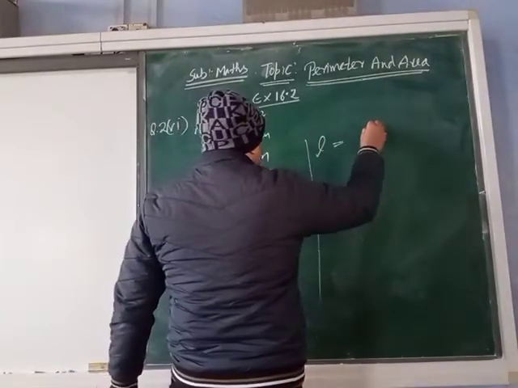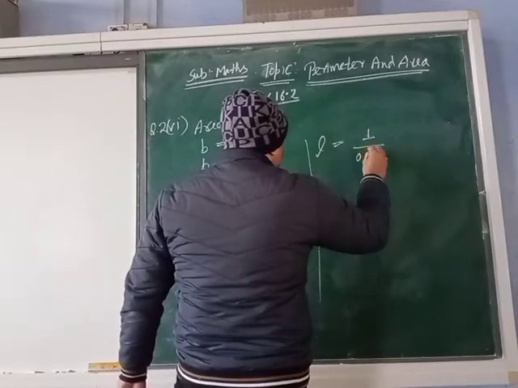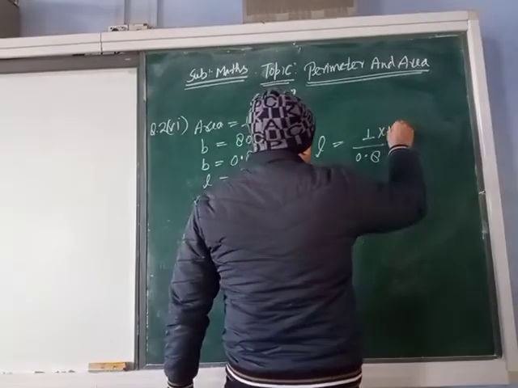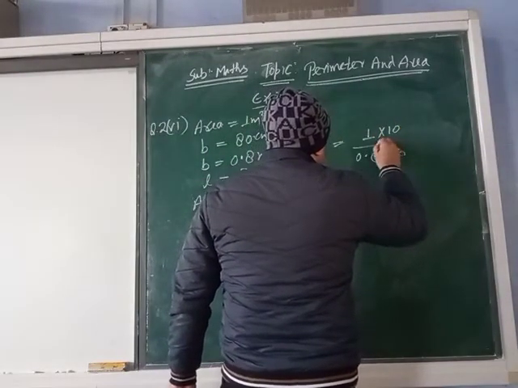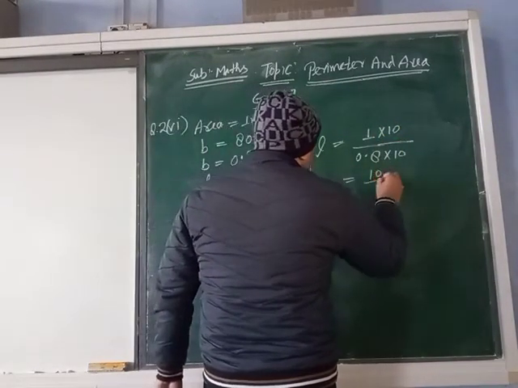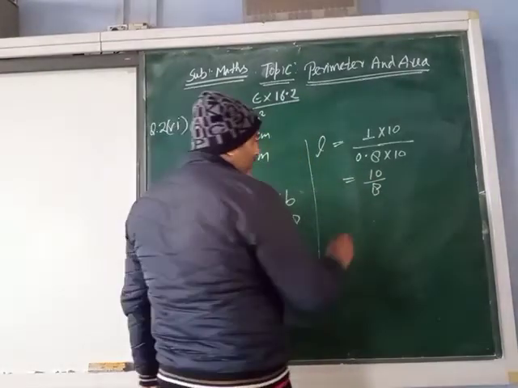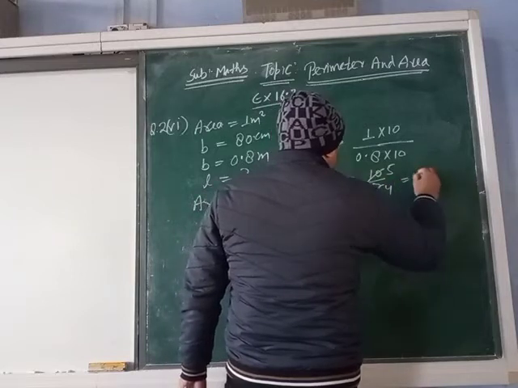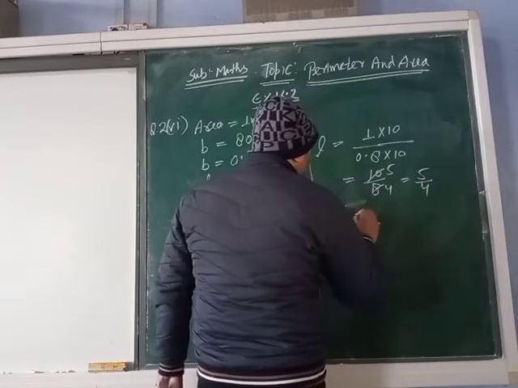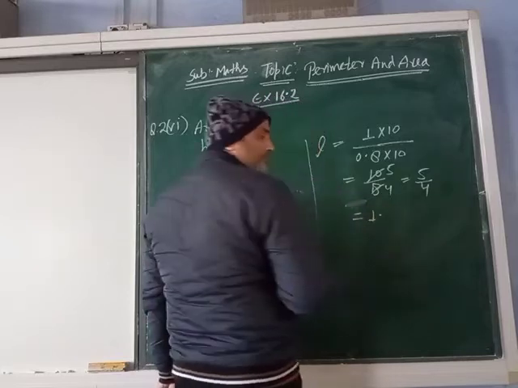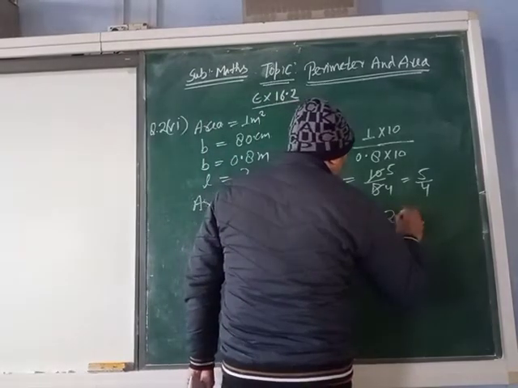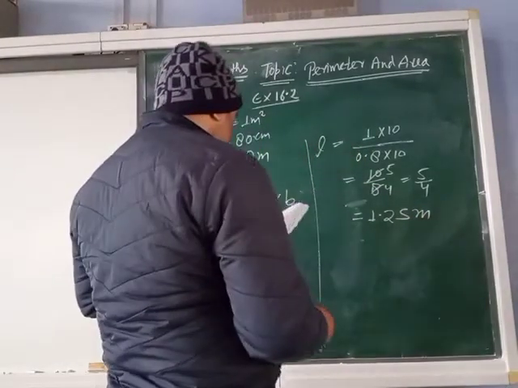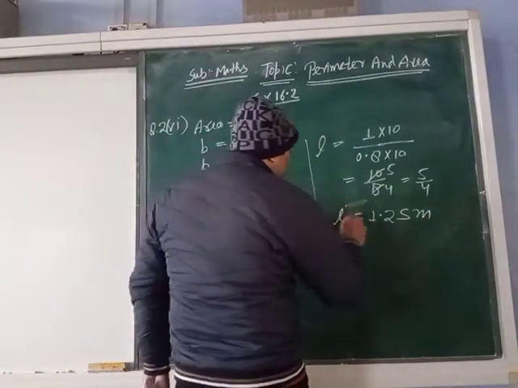In decimal, multiply 1 by 10 in numerator and denominator, so it should be 10 upon 8. Now divide it. 2 5s are 10, 2 4s are 8, 5 by 4. Or you can write 4 1s are 4, 4 2s are 8, 4 5s are 20. It means 1.25 meter, that is the length.